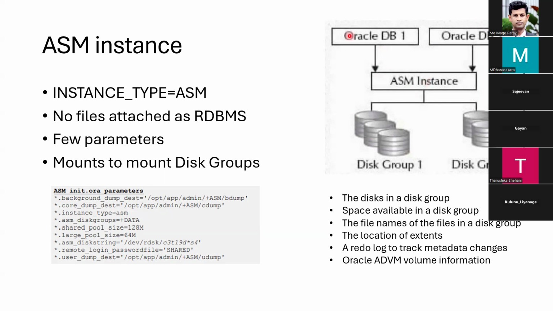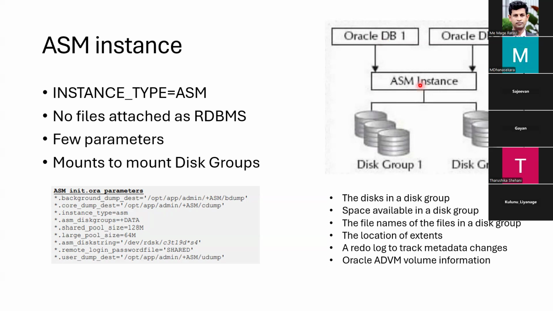Now, when the database wants to access a certain set of data, the database should know where the data is exactly stored, right? So information about such data will be cached inside the database instance, right?